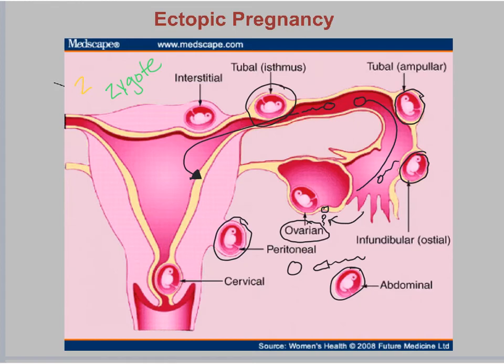They can be particularly dangerous, especially in the fallopian tubes, because as the fetus grows, it will create strain on the fallopian tubes, and eventually the fallopian tubes will rupture, and that will cause internal bleeding and or infection. So these types of pregnancies, these ectopic pregnancies, need to be terminated for the safety of the female, unfortunately.